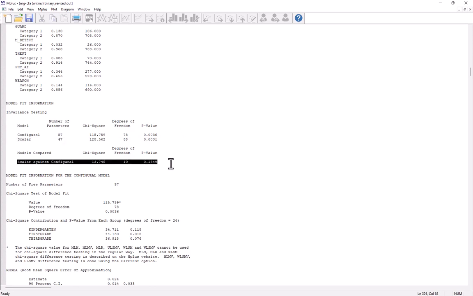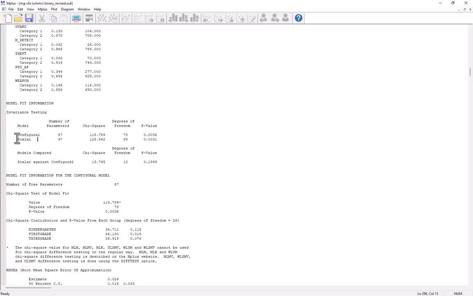chi-square difference test, which shows that the chi-square difference is 13.745, the difference in degrees of freedom is 10, and the p-value is 0.1849, which is not statistically significant, indicating that the simpler model, which is a scalar model with constraints on thresholds and factor loadings, fits as well as the configural model, which does not have any constraints.